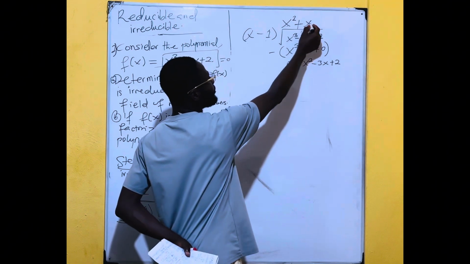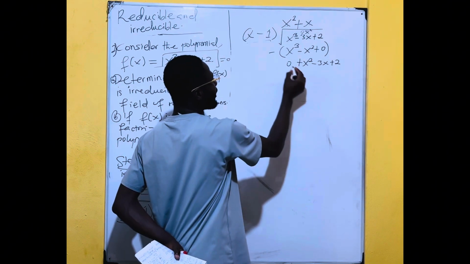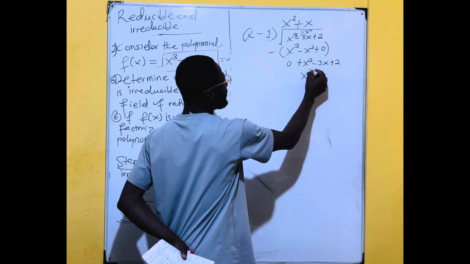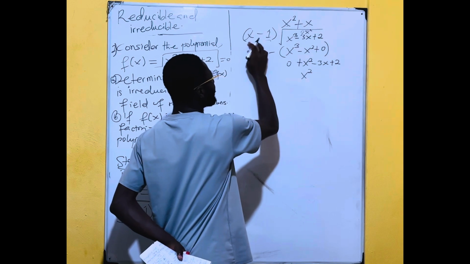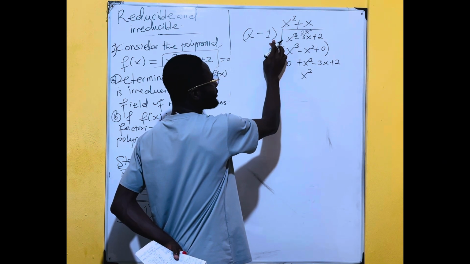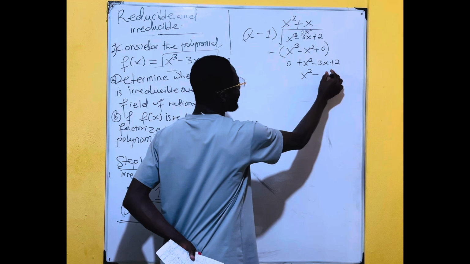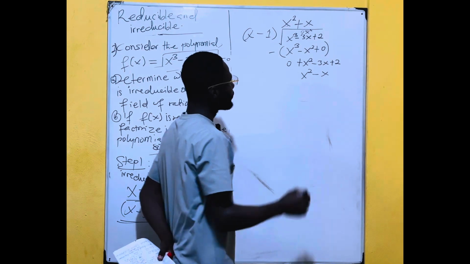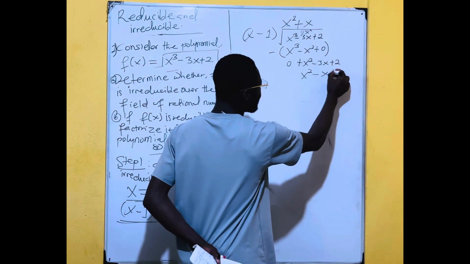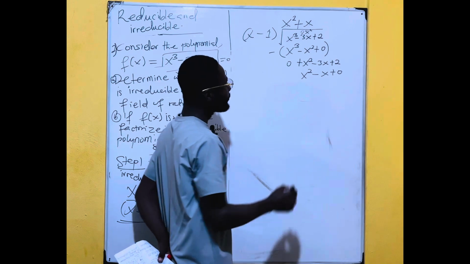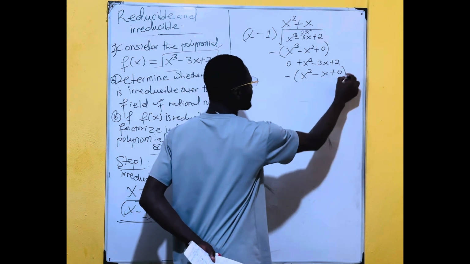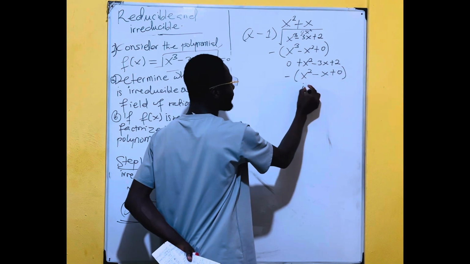Now, this will come here. You have x squared. This comes here. You have minus x. Is that good? So this here, remember to bring your 0. So this, subtract this, you get 0.